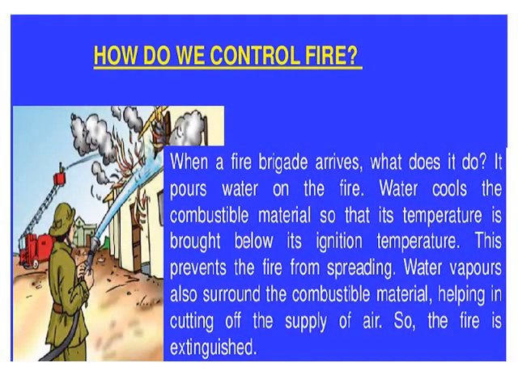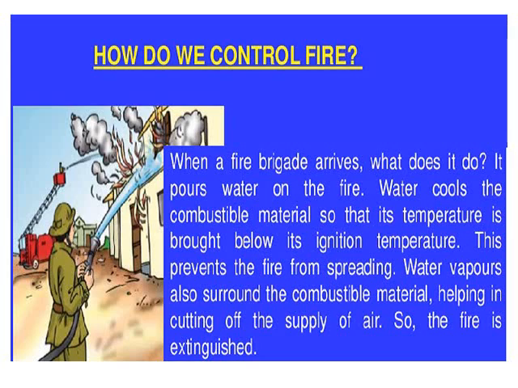In this slide, let us see how we control fire. When a fire brigade arrives, what does he do? He pours water on the fire. Water cools the combustible material so that its temperature is brought below its ignition temperature.